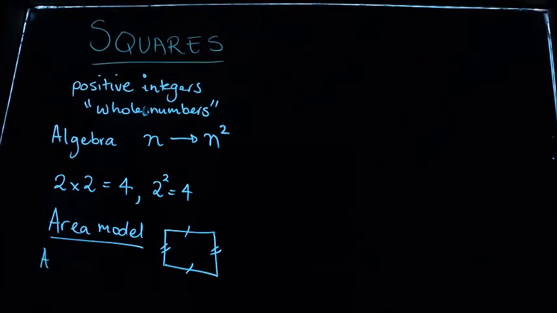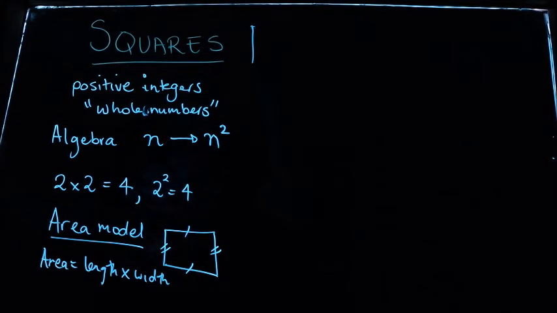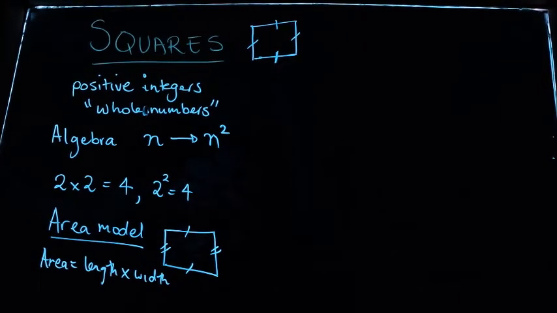So we might just say area equals length multiplied by width. Now, of course, a square is a special version of a rectangle, where all the sides are the same length. See how I've just used one set of ticks? I'm not sure what they're called, but I call them ticks in here to represent that they're all the same.